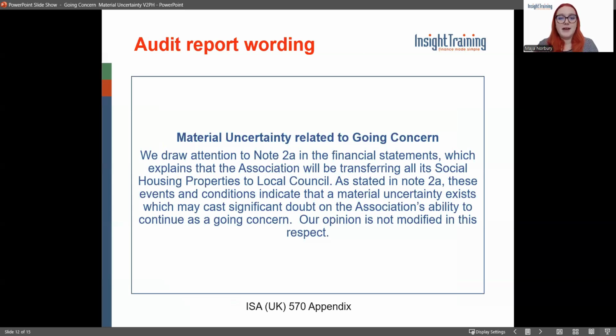As stated in note 2A, these events and conditions indicate that a material uncertainty exists, which may cast significant doubt on the association's ability to continue as a going concern. Our opinion is not modified in this respect. So, as I've said, that's the second one of the three scenarios, on the basis that it will continue as a going concern. However, because of the change in circumstances of the housing association's income streams, there is a material uncertainty that has arisen.